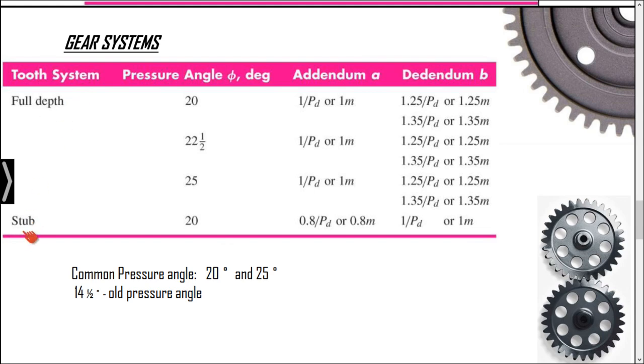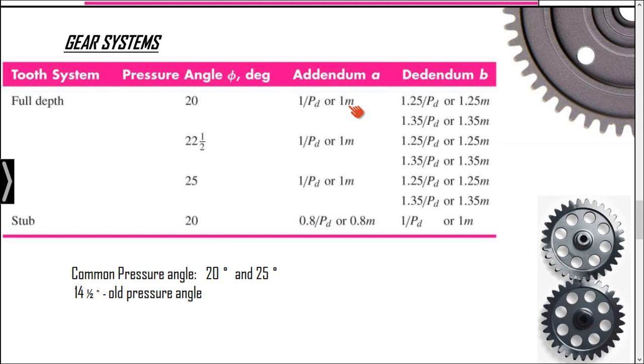The general pressure angles, I hope you all remember the meaning of pressure angle. In the earlier days we used the 14.5 degree pressure angle, but presently we adopt 20, 22.5, 25 degrees, etc. And usually all the dimensions of the gear are based upon the module. See, if you look at the 20 degree pressure angle full depth system, the addendum value is nothing but 1 m. m means module.